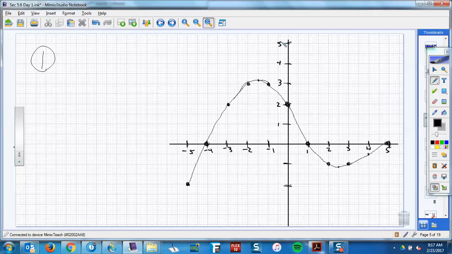What is this function? Oh, they don't even tell you. This is just the graph of g. 1, 2, 3. Yeah, it goes up to a peak at 3. Well, no, wait. The peak's a little above 3. Yeah, these points are right at 3. Okay. And this is -1, and this is -2.